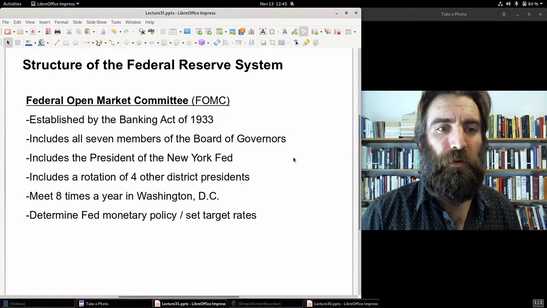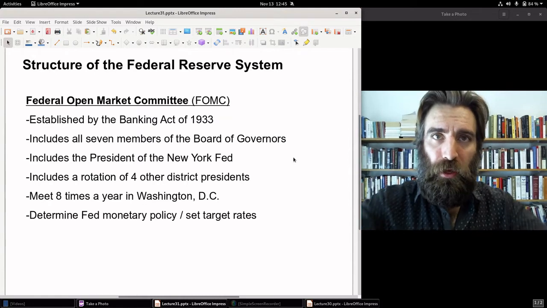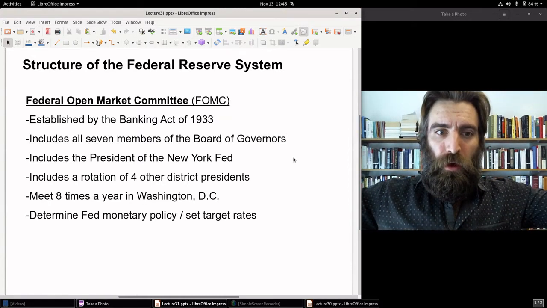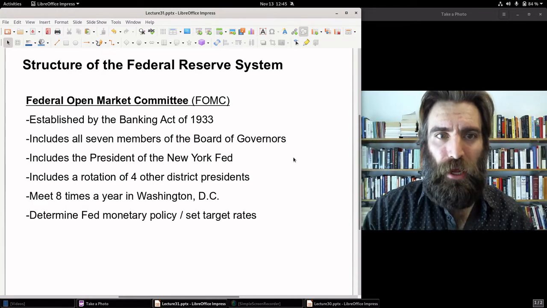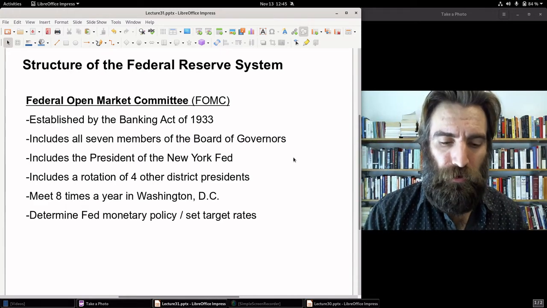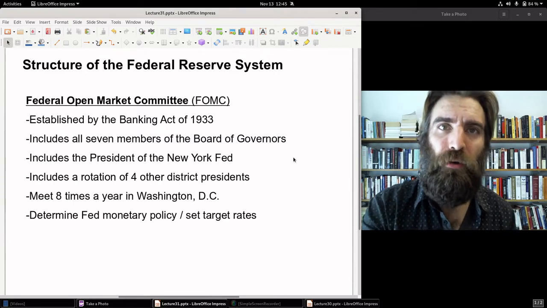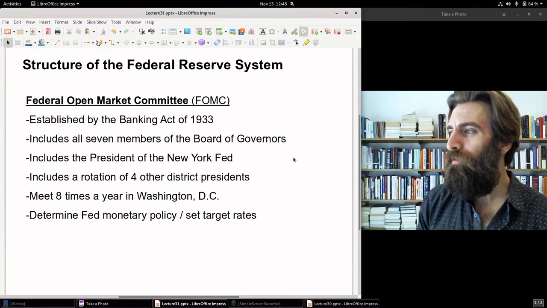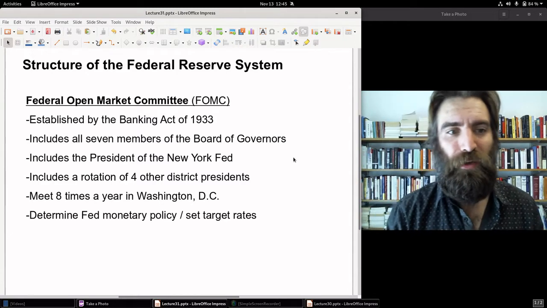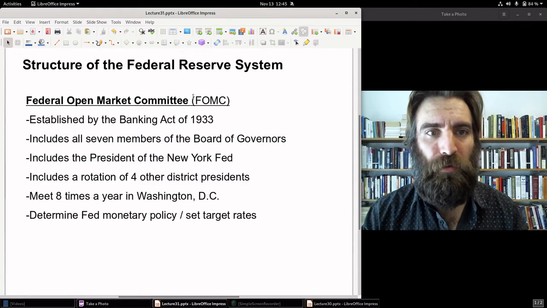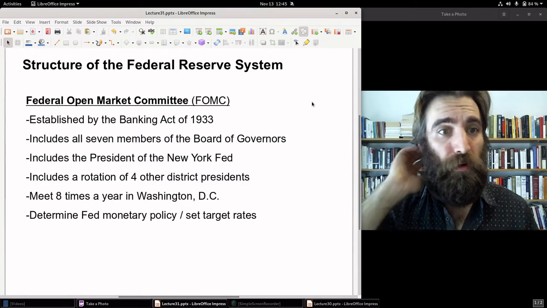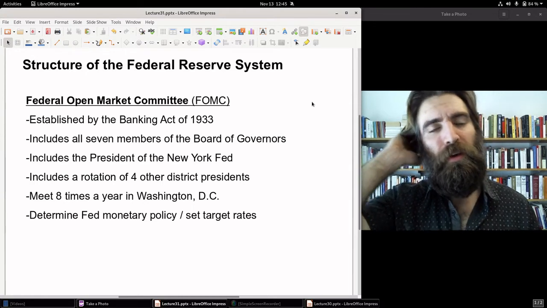What is the Fed's monetary policy? One of the chief things that they do in the FOMC meetings is set target rates, the federal funds target rate. We'll get to that in a second. But that's the FOMC, the other element of the Federal Reserve System. You could add another element.